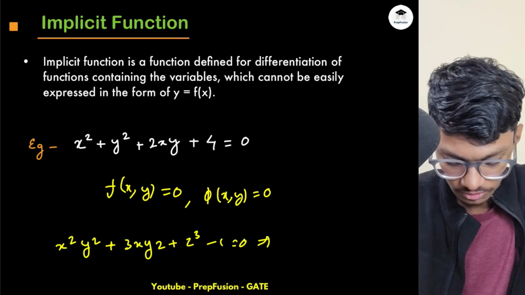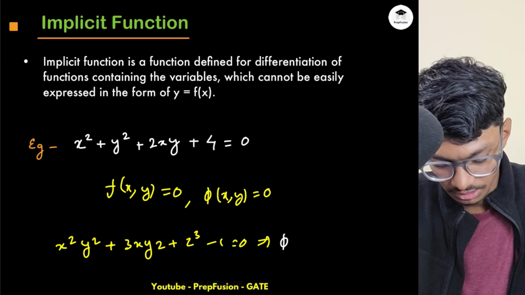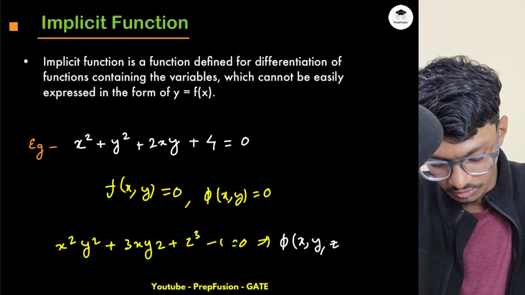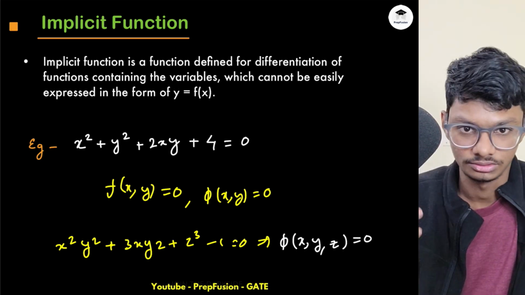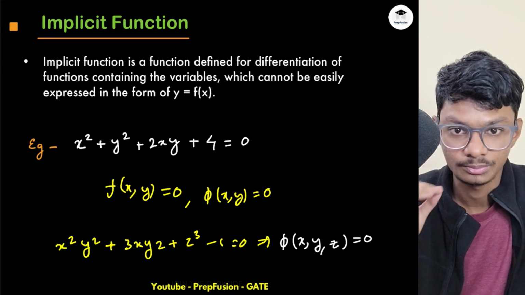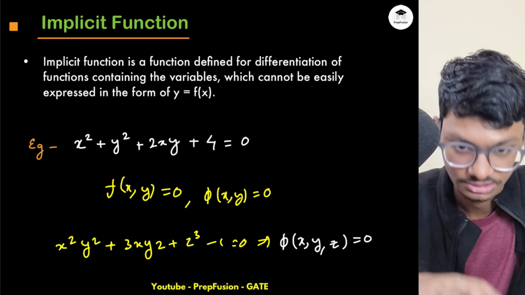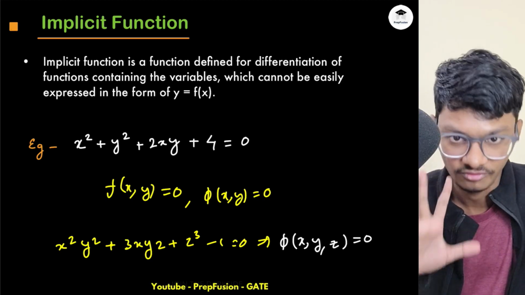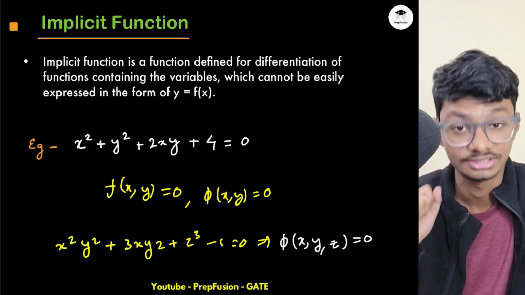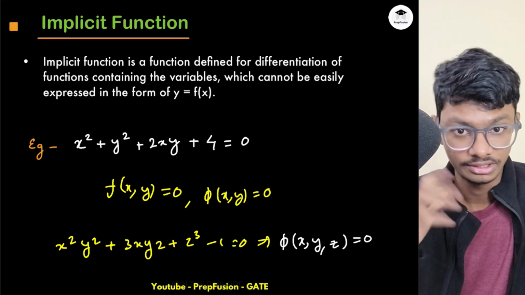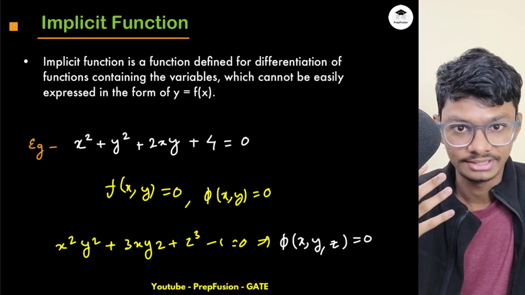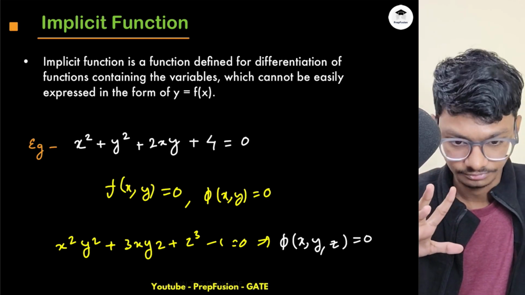This can also happen. Here I will represent my implicit function like phi of x, y, z equals to 0. Now why am I teaching you all this? Just so that you don't get surprised in the question paper if some format like this comes up. You will be able to understand that yes, this is an implicit function. I have already learned this, so you should not panic in the examination. That's why I am teaching you all this.